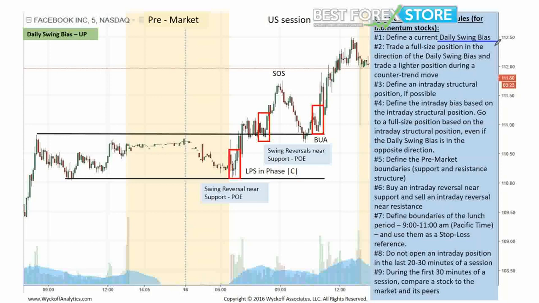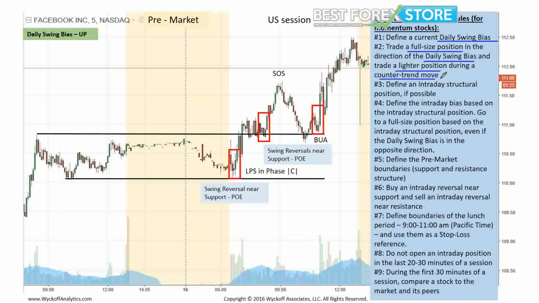And that also would be relevant if you're looking to trade, let's say 5 minutes, 10 minutes, 15, 30 minutes. Then you always want to trade a full size position in the direction of that daily bias and trade a lighter position during the counter trend move.